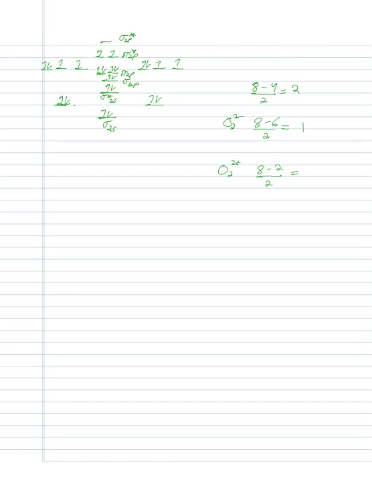Okay, so oxygen normally has 6 valence electrons. So 1, 2, 3, 4, 5, 6. 1, 2, 3, 4, 5, 6. So we've got 12 electrons we've got to put in there. So we're going to go 1, 2, 3, 4, 5, 6, 7, 8, 9, 10, 11, 12. Okay, so there's our oxygen.